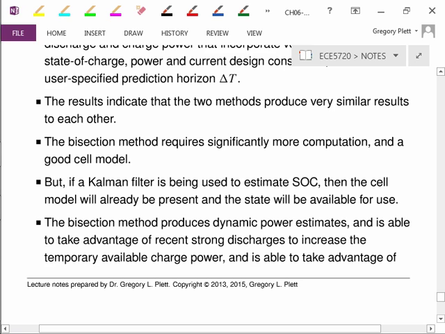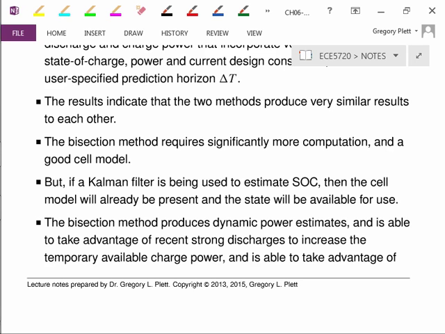However, in a dynamic setting, the bisection method is going to produce much more dynamically changing results that are going to reflect, I think, quite a bit better what's really available in terms of power capability. The bisection method is harder, computationally more significant to implement. We saw some ways of minimizing that by pre-computing that summation.